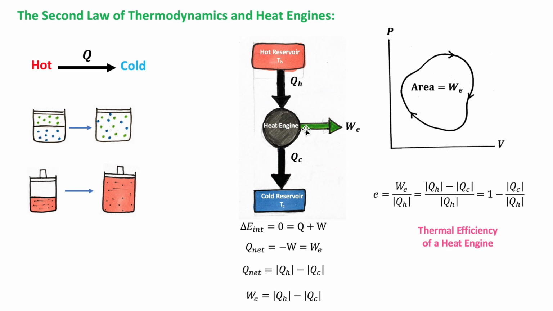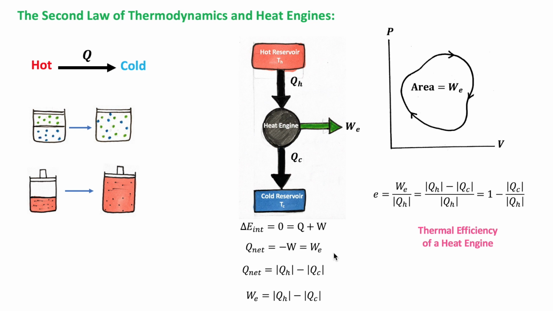So going back to the general heat engine, because the working substance goes through a cycle, its initial and final internal energy are equal, and so the change in the internal energy of the working substance is equal to 0. And so delta E internal is equal to Q plus W, and we may write that Q net is equal to minus W and is equal to W engine, which is the work done by the engine, and this W is the negative of the work done on the engine.